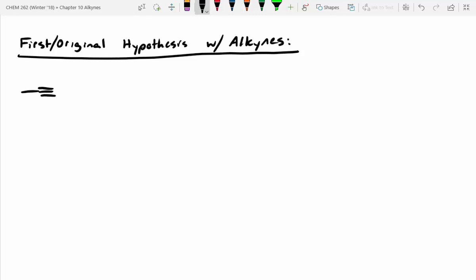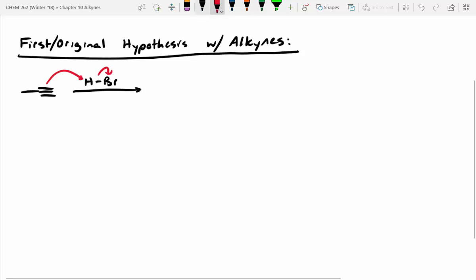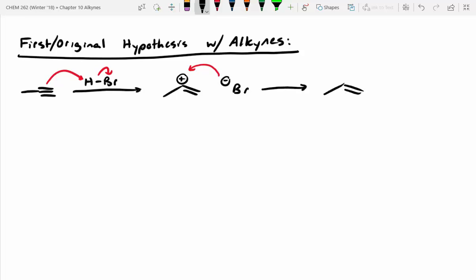We know that pi bonds can be nucleophilic. So the thought was, hey, if we have HBr around, can't the pi bond in the alkyne grab this proton, kick off bromide, give you the more substituted carbocation, after which bromide adds in to give you your final product.